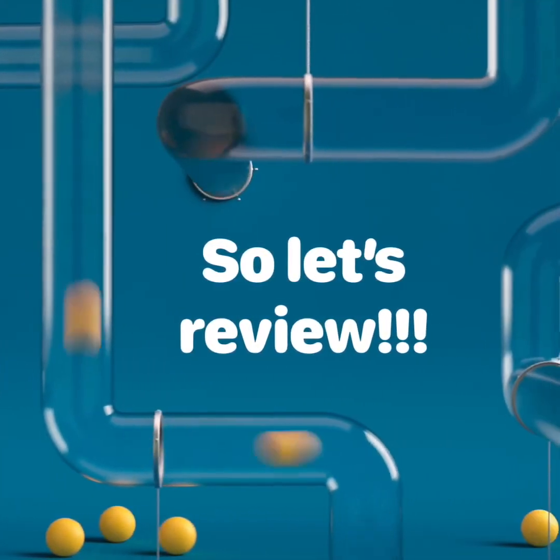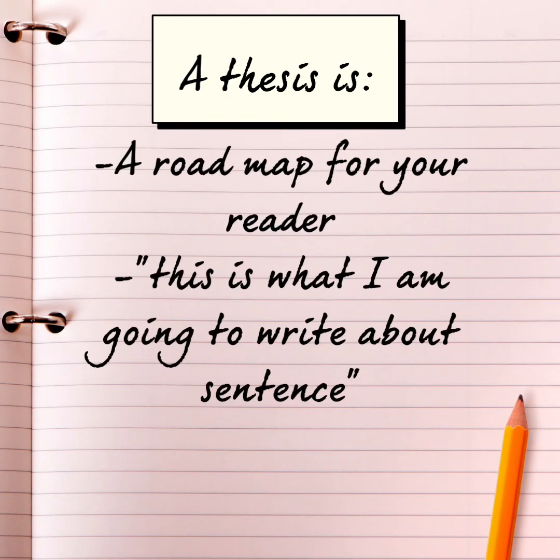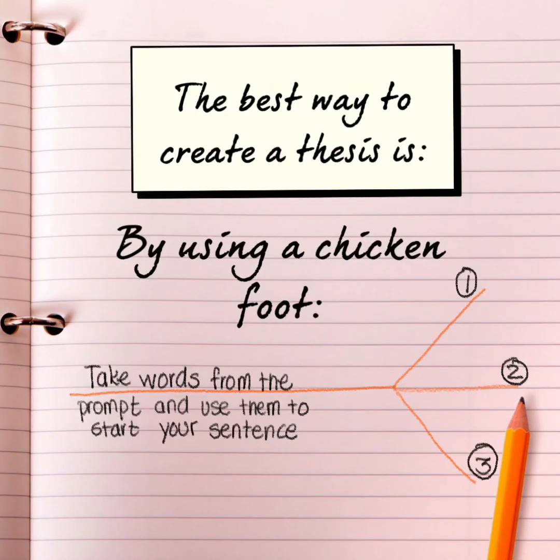So let's review. A thesis is a roadmap for your reader, or a "this is what I'm going to write about" sentence. The best way to create a thesis is by using a chicken foot. Take the words from the prompt and use them to start your sentence. Now that may be all that you need because it may express a nice complete thought.